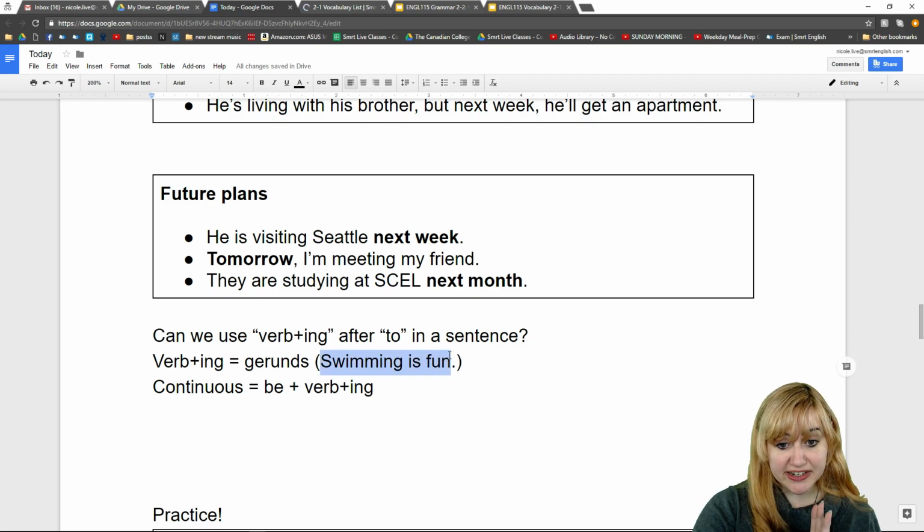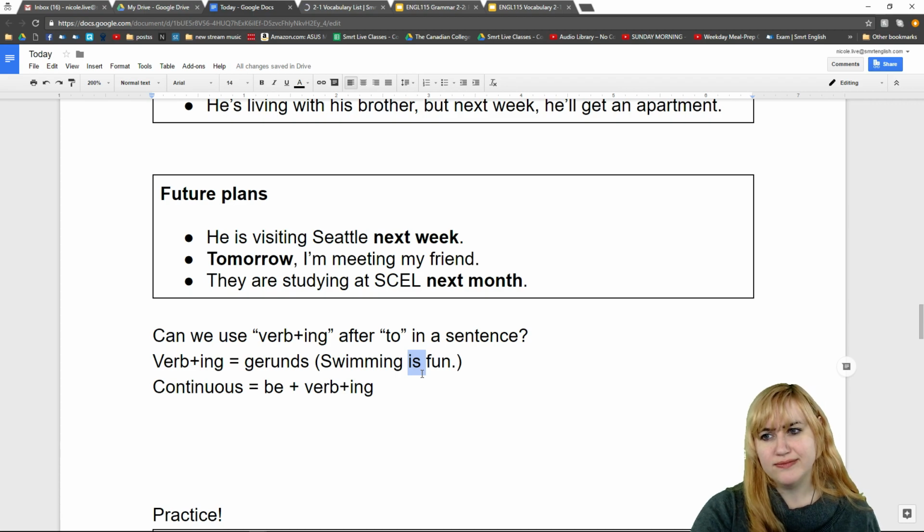So this sentence here is not continuous. This sentence is present simple because this is a subject and this is a present simple verb. Okay, we can also use verb ing for, well, some adjectives look like verb ing.